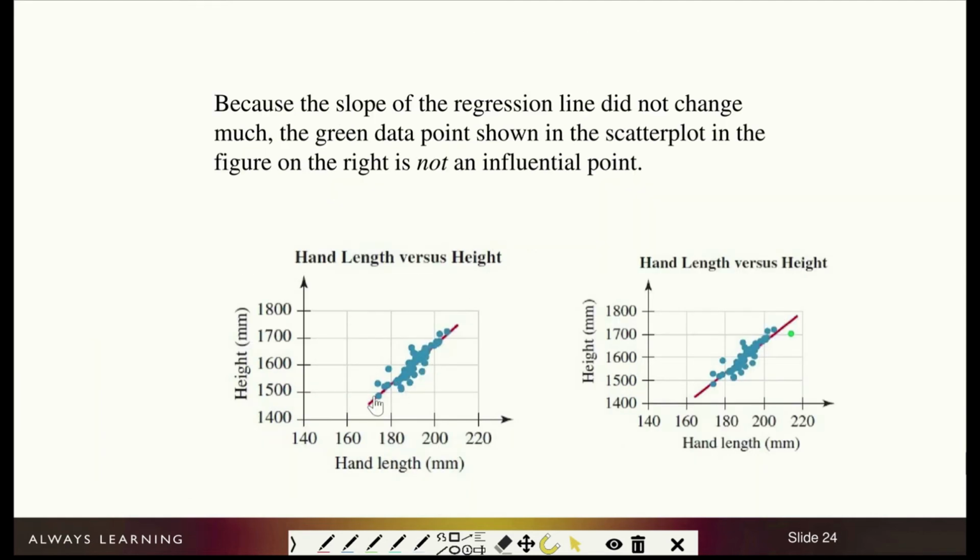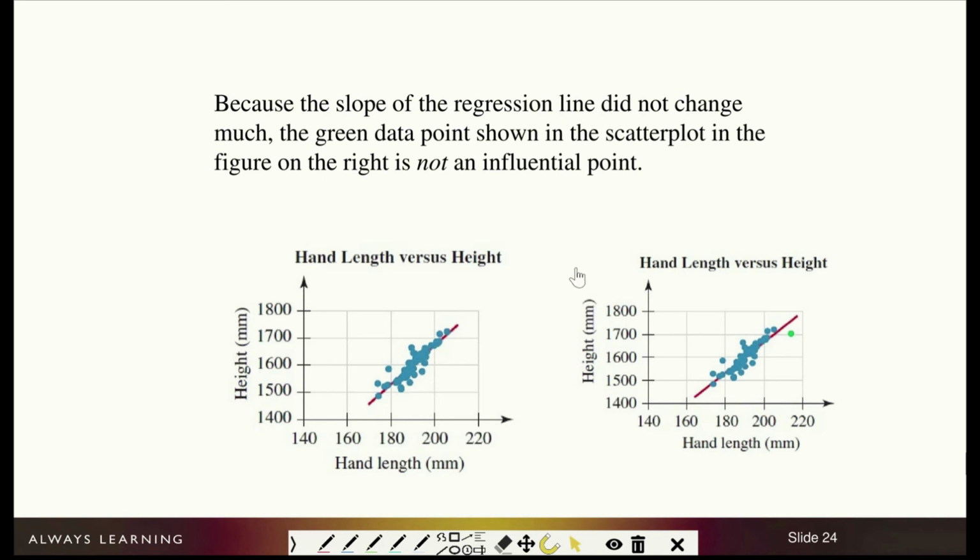So we notice that the residual line, when we take this point out, is not very different at all from the residual line with that point. What does that tell us? That tells us that that point is not an influential point.